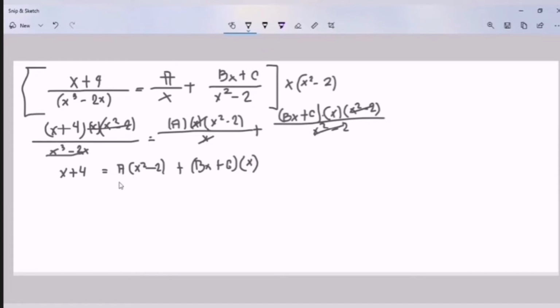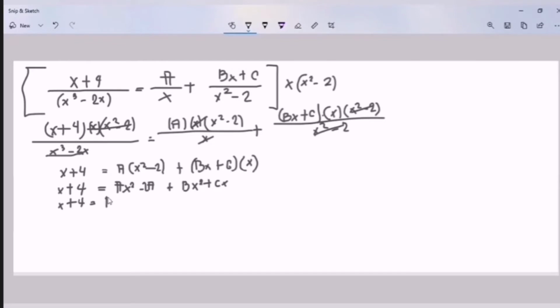Then let us distribute A to x squared minus 2 and x to Bx plus C. That gives us x plus 4 equals Ax squared minus 2A, then Bx squared plus Cx. And then combine like terms.